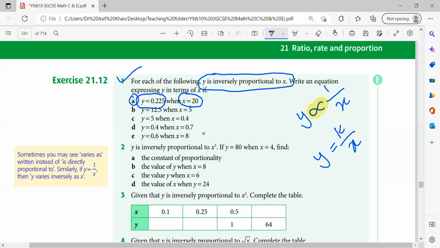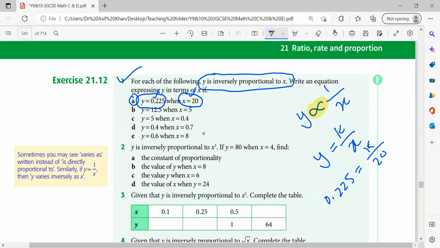Now, K is also present here, but he says that you have to write the equation in terms of X and Y. So we have to find the value of this K. How can we find it? We will use these values. You will put Y and X in this equation. In place of Y, we will write 0.225 is equal to K over the value of X, which is 20.